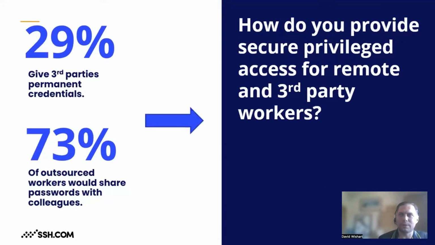So the stats on this slide highlight that outsourcing and using third parties can increase your risk. Providing access to third parties, contract workers, or internal employees for remote access all need consideration when deploying PAM solutions.